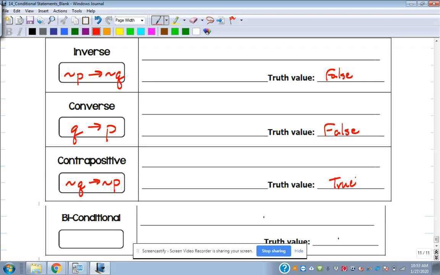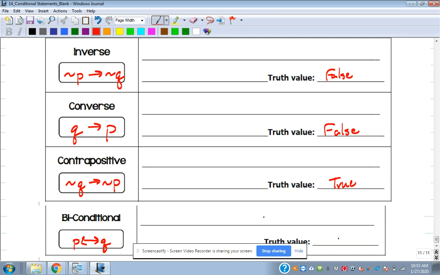And the biconditional. And remember, that's the double-sided arrow. P, if and only if Q. So it is St. Patrick's Day if and only if it is March. So it's got to be true both directions.